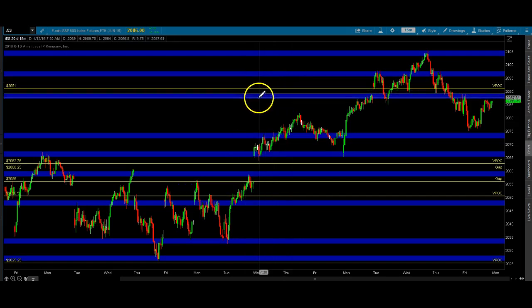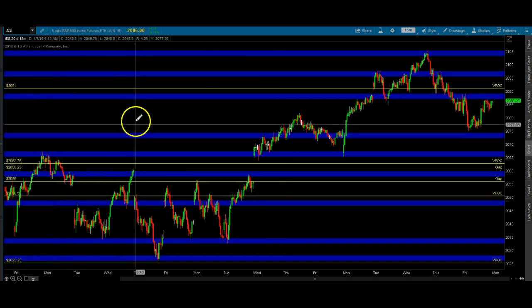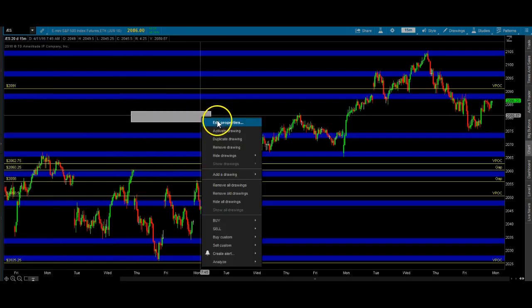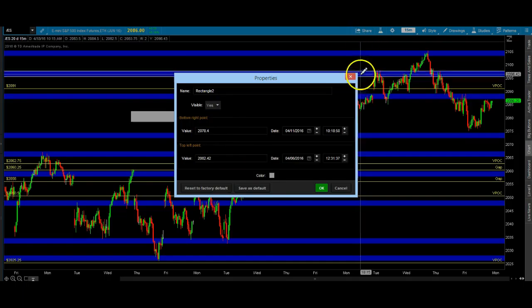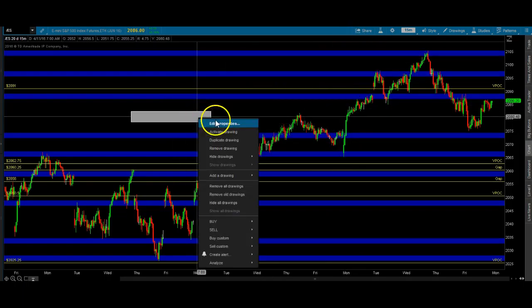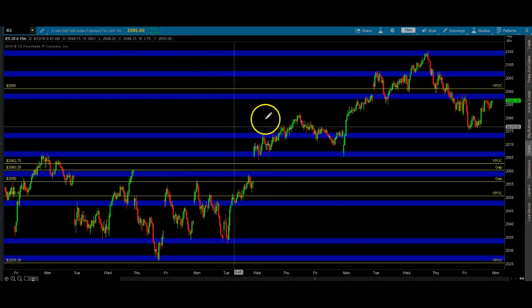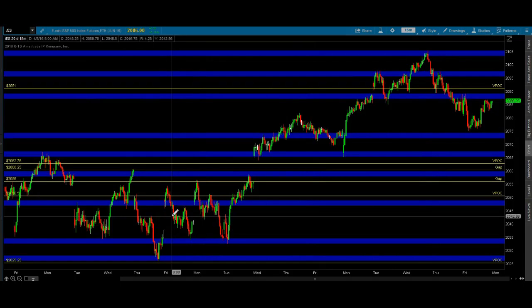As you can see, if I go to studies, rectangle, I'm just drawing rectangles, and I change the color, and I edit up to the date. But being a Thinkorswim subscriber or user, I'm giving you these charts that you could just download very simply and quickly, and pretty much have it all done for you on a daily basis.